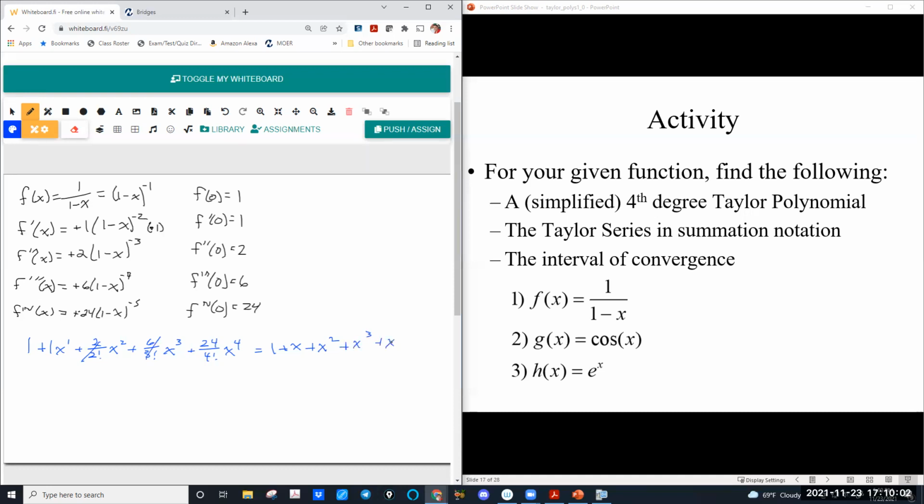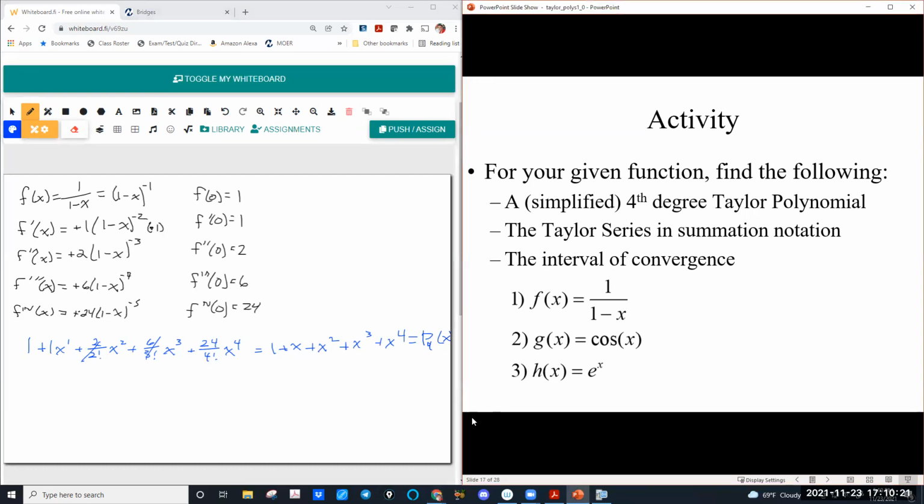And we see this pattern emerge really quickly. All right, so this is the 4th degree Taylor polynomial. And if we want to maybe give that a name, P sub 4 of x. That's our 4th degree Taylor polynomial for the given function centered about 0.